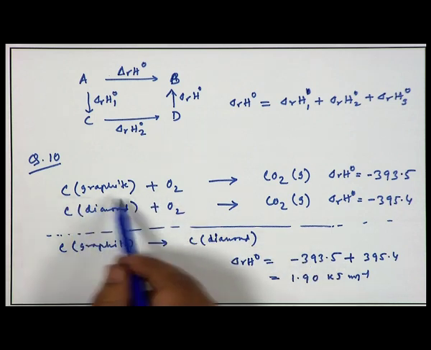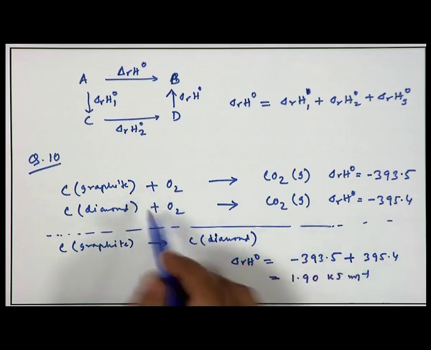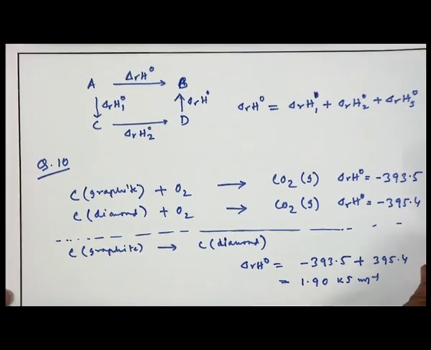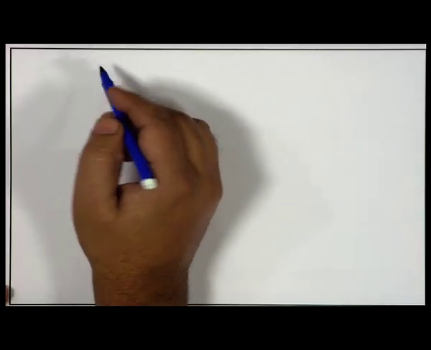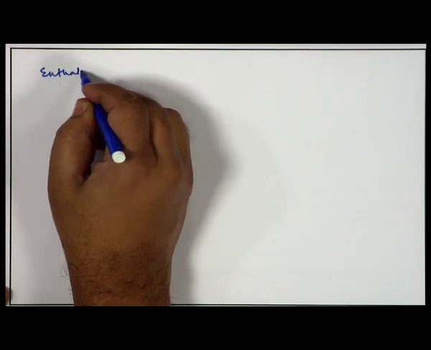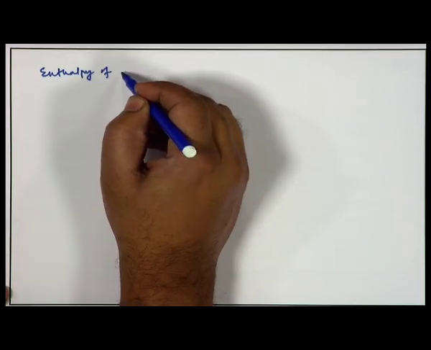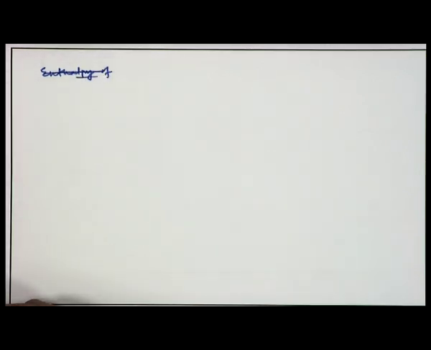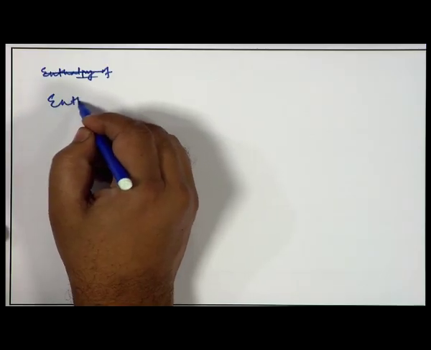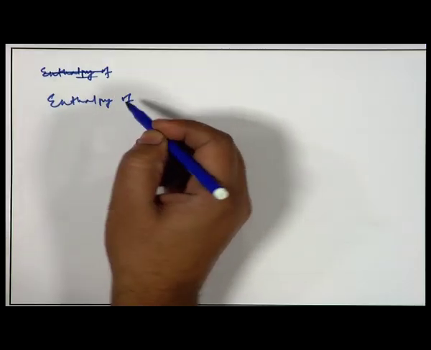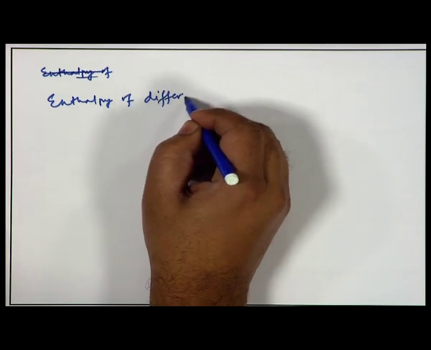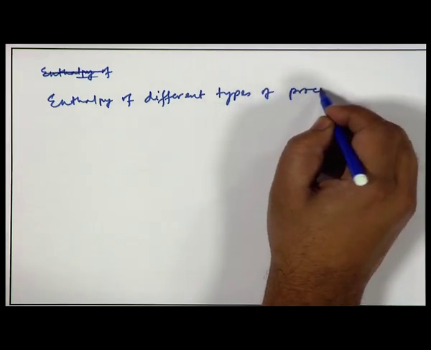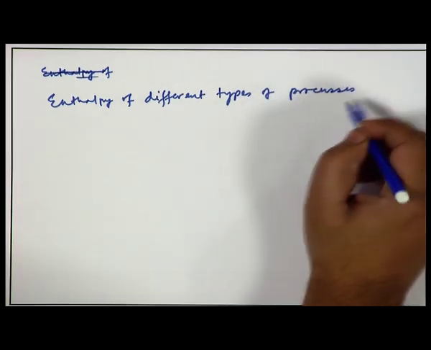And this reaction which we are talking about all the time is a combustion reaction, and so we can also define a heat of reaction or enthalpy of, okay, we will talk about that in the next class, where we will talk about enthalpy of various types of processes or reactions.